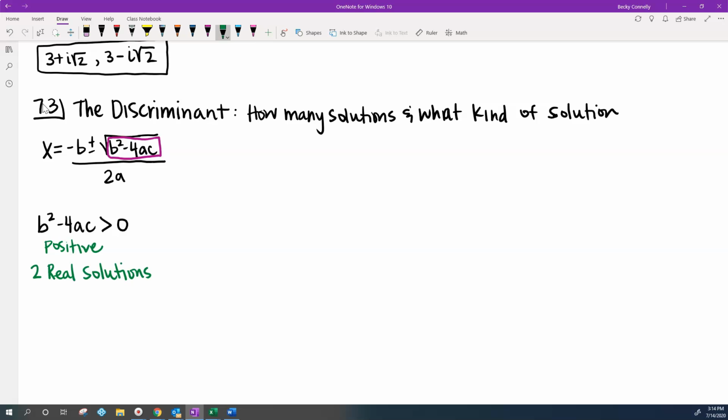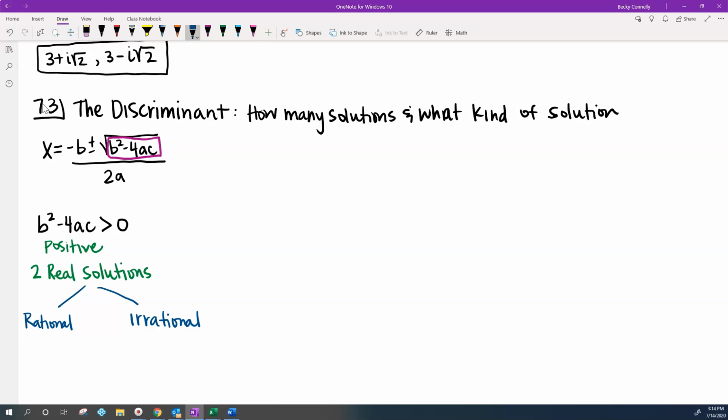So when the discriminant part comes out positive, bigger than 0, then you're going to have 2 real solutions. And they could be rational, right? So let me see how I want to write this down here. So we could have rational, or you could have irrational.